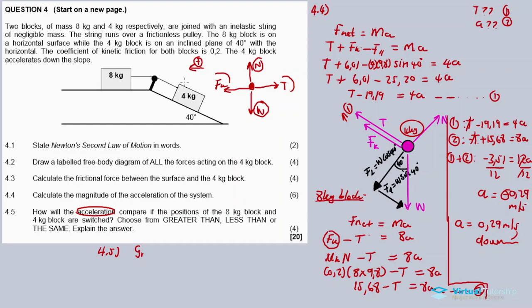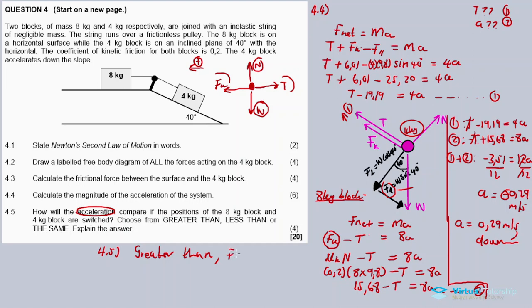If the bigger block is on the incline, the acceleration is greater because it slides much more quickly compared to the 4 kilogram block. Provide a reason: it is because the parallel component will increase, thus making the system accelerate more.